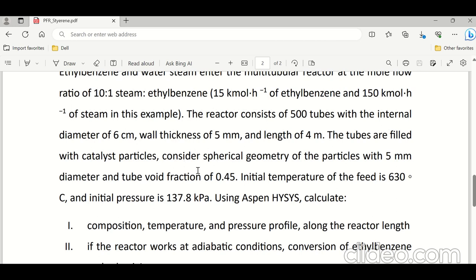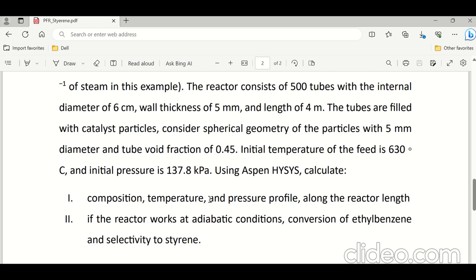They are spherical in geometry, the diameter of the particles is 5 mm, and the tube void fraction is 0.45. That means that 55% of the tubes are filled with the catalyst particles. The initial temperature of the feed is 630 degrees C, and the initial pressure is 137.8 kilopascal.